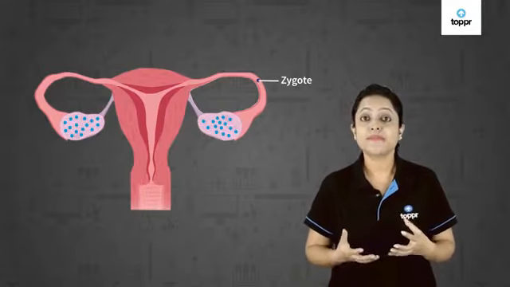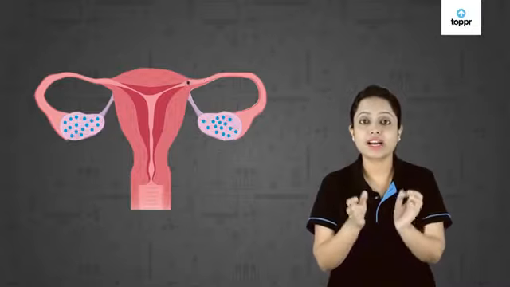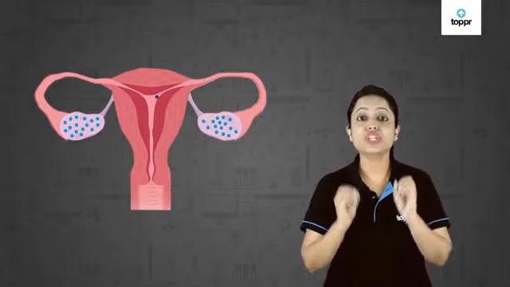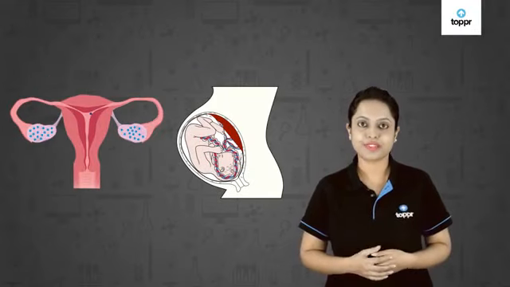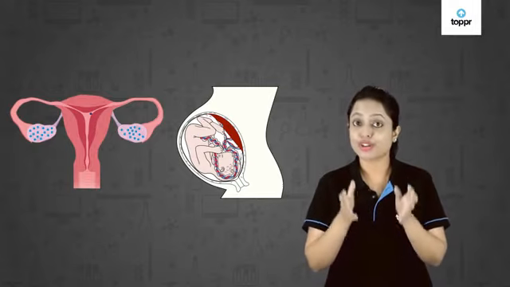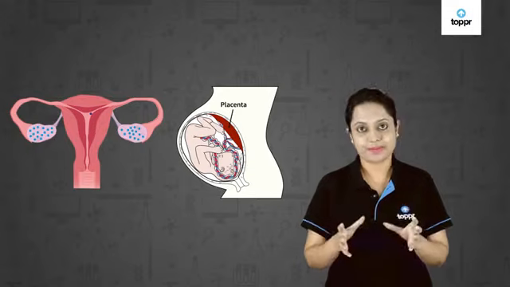The zygote then reaches the uterus, where it gets implanted in the lining of the uterus, which thickens and is richly supplied with blood to nourish the growing embryo. This growing embryo receives its nourishment from the mother's body through a placenta.